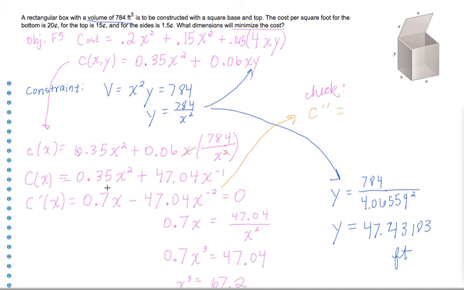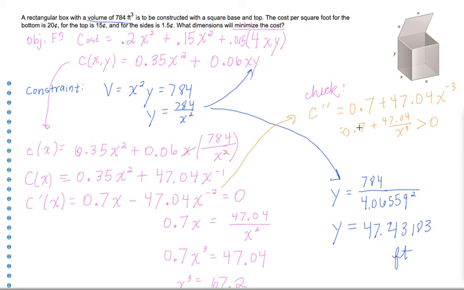The derivative of this would be 0.7. Bring the negative 2 down, this becomes plus 47.04x to the minus 3, which we can write as 0.7 plus 47.04 over x cubed. For all values of x, since x has to be positive, if you cube a positive number, put it in the denominator under 47.04 and add 0.7, it's going to be positive.